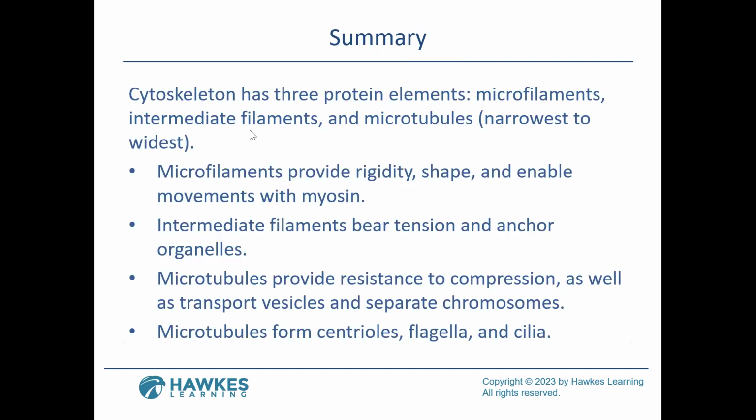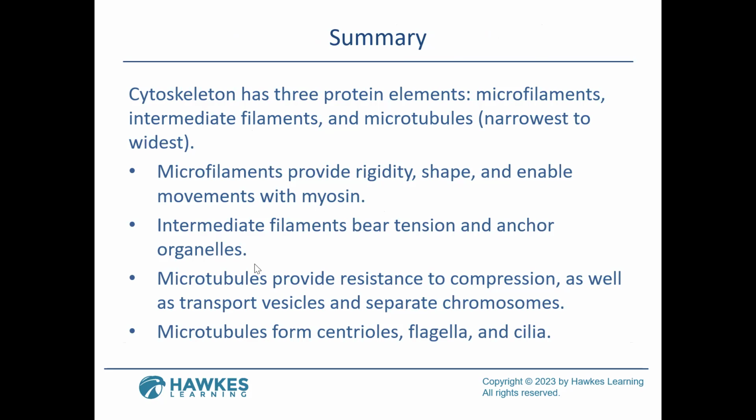So the cytoskeleton has 3 protein elements: the microfilaments, the intermediate filaments, and the microtubules. So the microfilaments provide rigidity, shape, and they enable the movement with myosin.